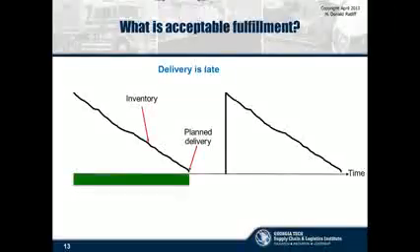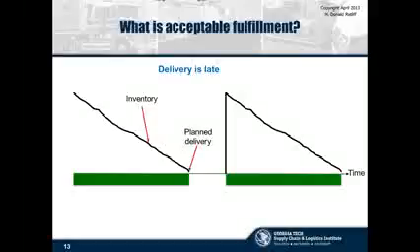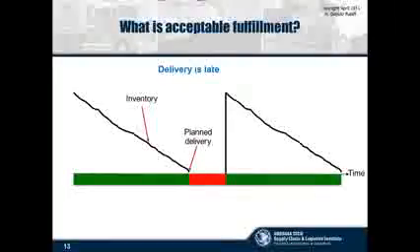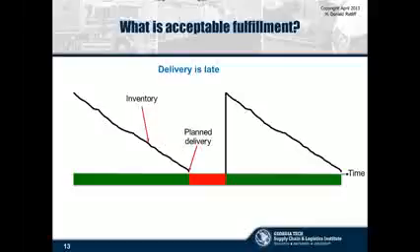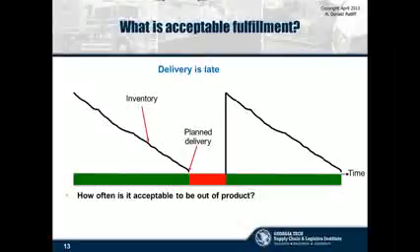If it's late, I will have this green part where everything is fine, I've got product. And then when more product comes in, I'm okay again. But this piece in the middle is not good, because for that time frame, I'm not going to be able to satisfy my demand.